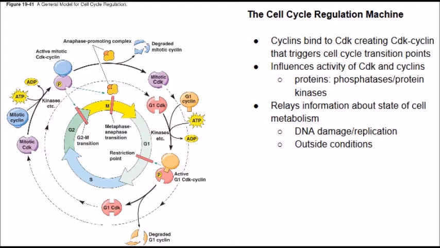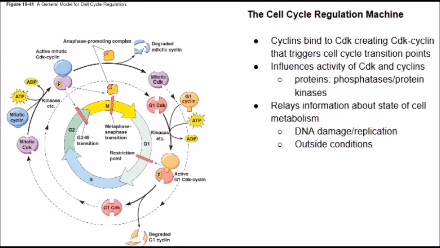So the mitotic CDK and the mitotic cyclin are bound together essentially by two phosphates that are inactive, but it only gets activated when the active phosphate gets added to it. So two inactive and then one active.